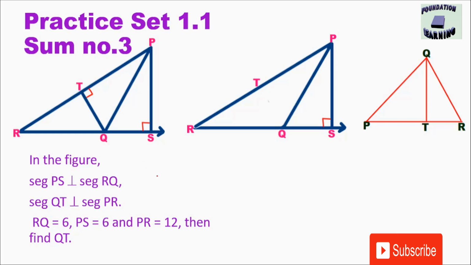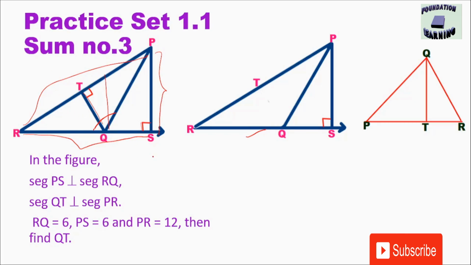One is this base, and this is the height. Because when you look at the shape, this is more than 90, so this is an obtuse angle. Now when it's an obtuse angle, you have the height outside. Now if we take this as the base, then TQ will be the height. So let's take the first one with base RQ.